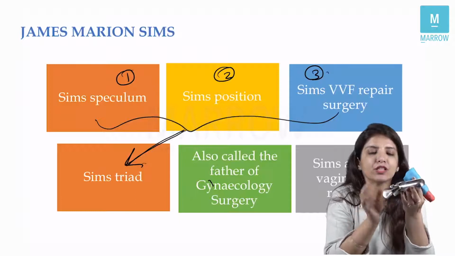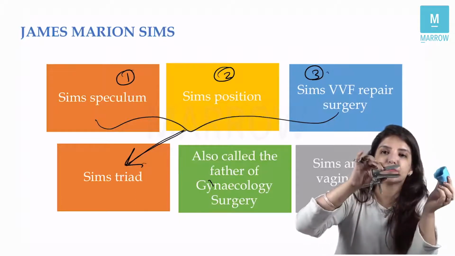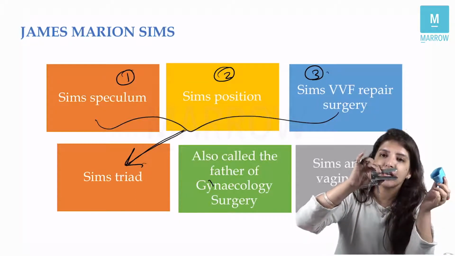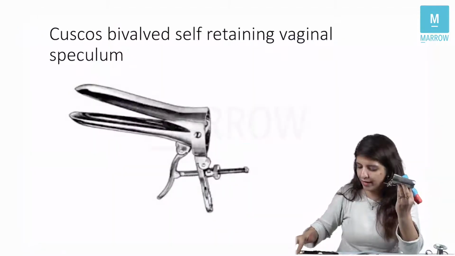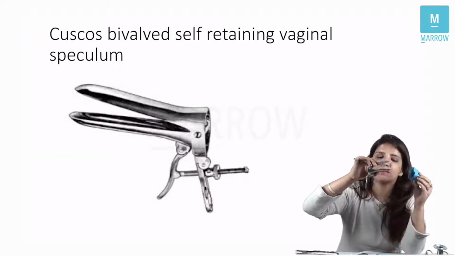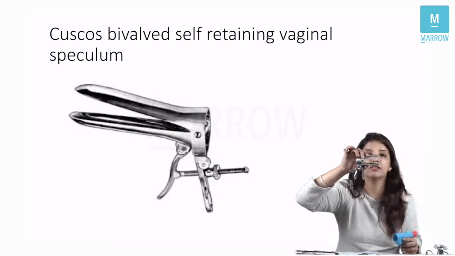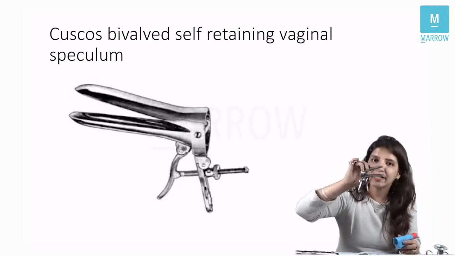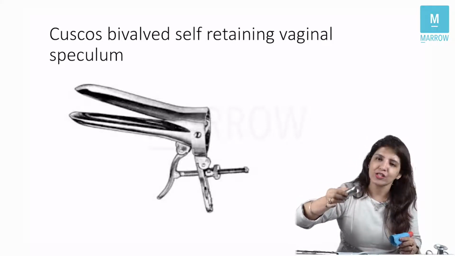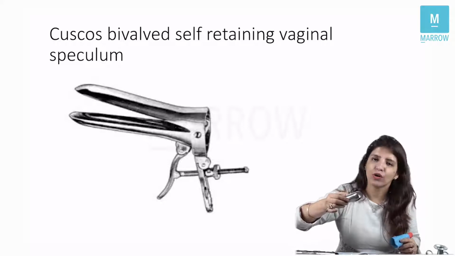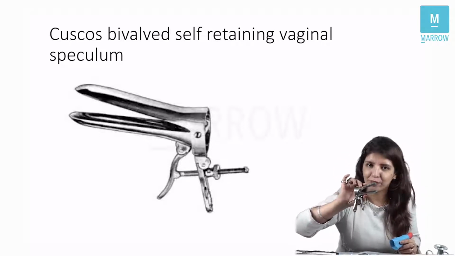This is a Cusco's bi-valved speculum, or a double-bladed self-retaining speculum, right? So over here I have the Cusco's bi-valved self-retaining vaginal speculum, right? The complete name is important for final year students. For the rest of you who are going to give your PG entrance or FMGE, this is a Cusco's speculum, right?